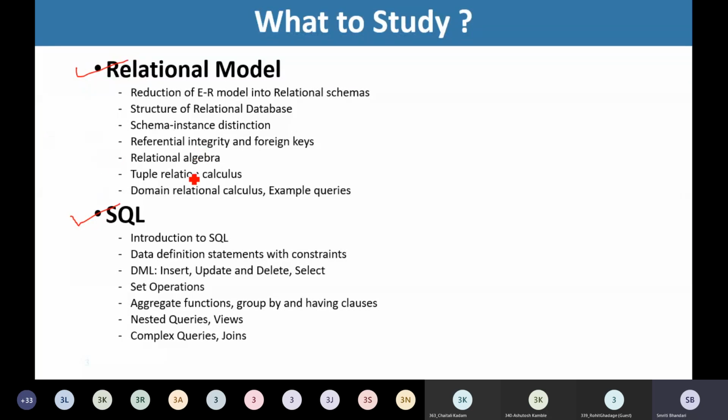Under pure languages, relational algebra is the basis for structured query language. That is why initially we are going to look at relational algebra along with tuple relational calculus and domain relational calculus, and then we will go for SQL. So this is the agenda for our discussion of unit number 2.